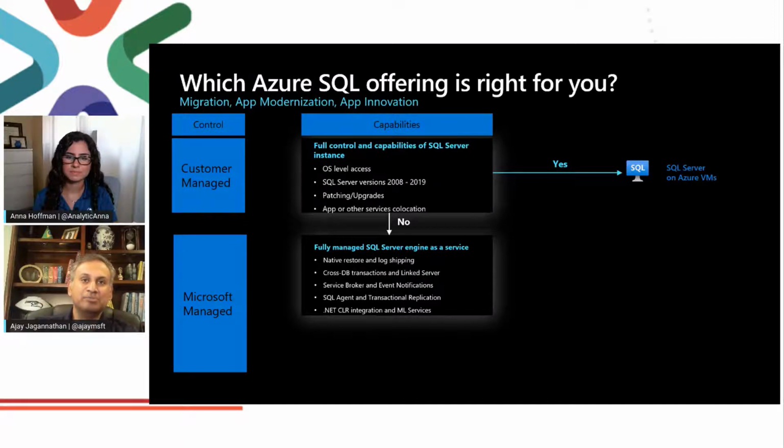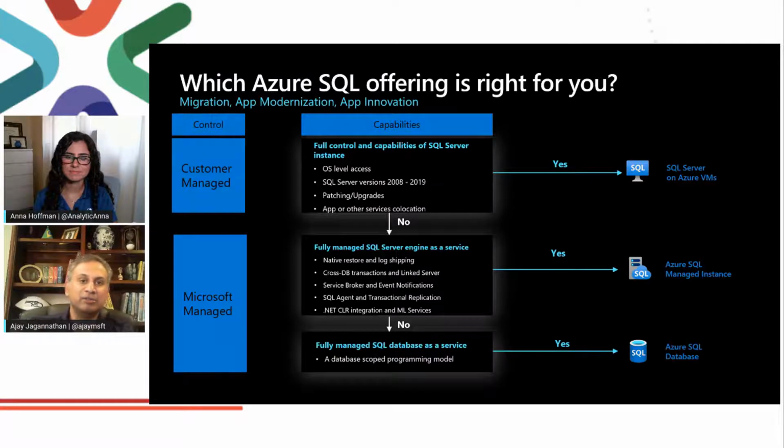If your application is built on such an architecture where it requires instance level features of the SQL Server engine, some of which are listed here, such as cross-database transactions, CLR, SQL Agent, linked servers, etc., then you would pick Managed Instance. If you just need a database as a service where you don't need instance level features, but you're just using a database scope application programming model, then you would pick SQL Database.